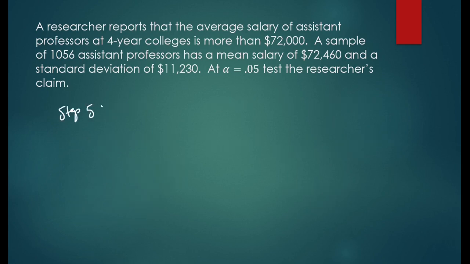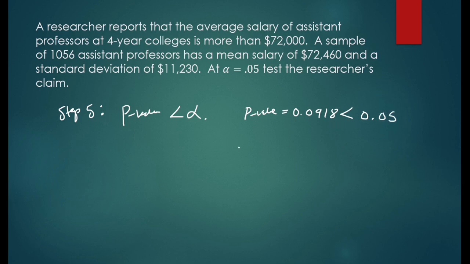Step 5, we will state our conclusion. I always ask, is the p-value less than alpha? Our p-value from step 4 was equal to 0.0918. Is that less than alpha, which is 0.05? 0.0918 is not less than alpha, which is 0.05.